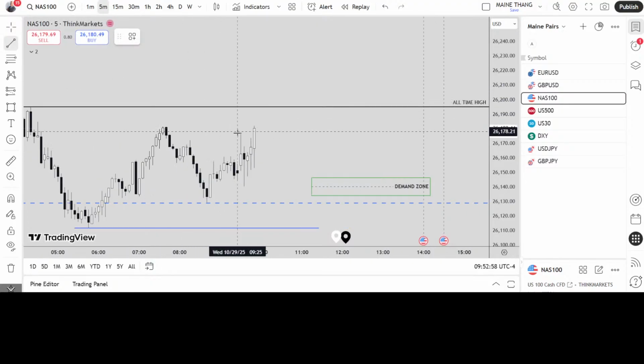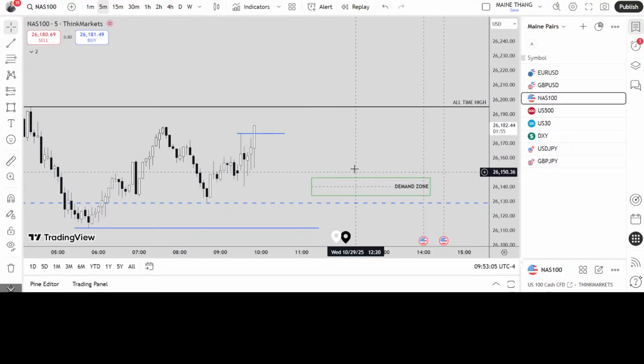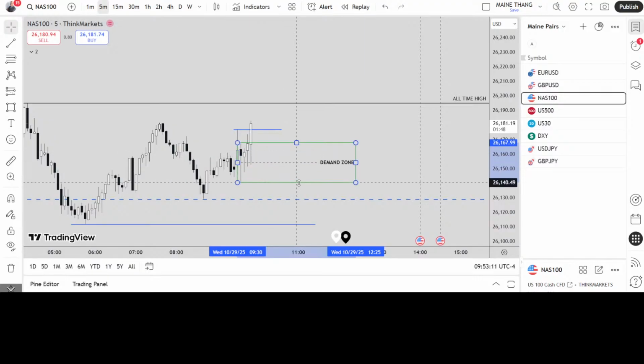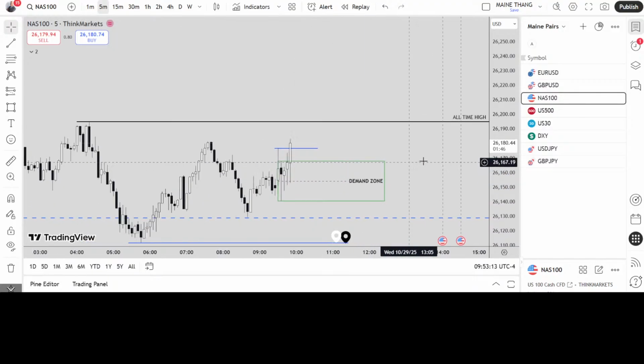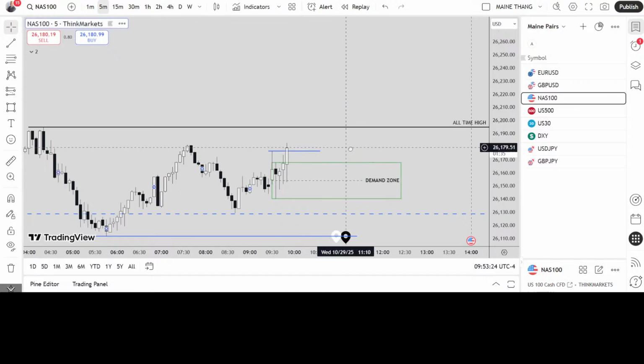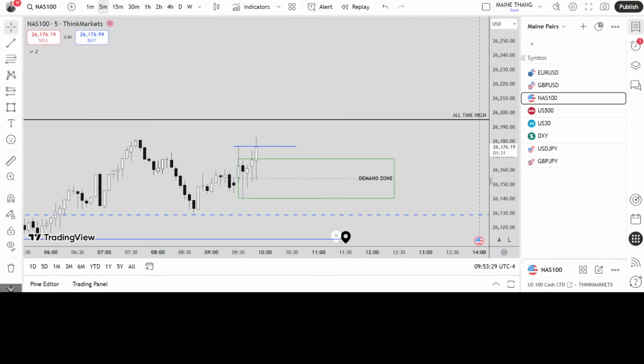Same thing. And a new high. This big old candle right here with the wick is now a new zone. Step 1, wait for break of structure. Step 2, wait for price to return to the demand zone. Step 3, look for your entry.